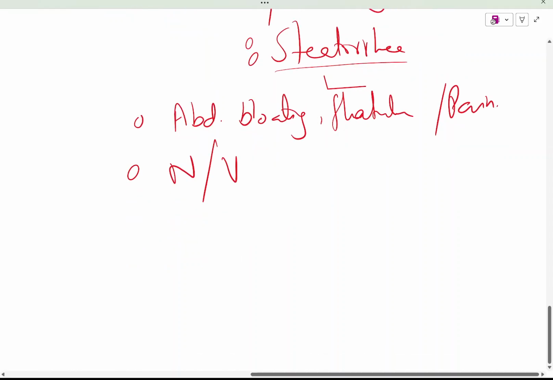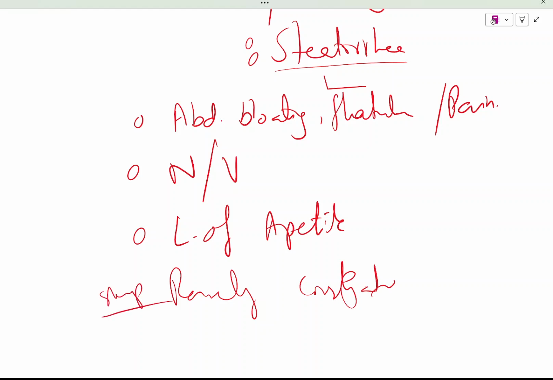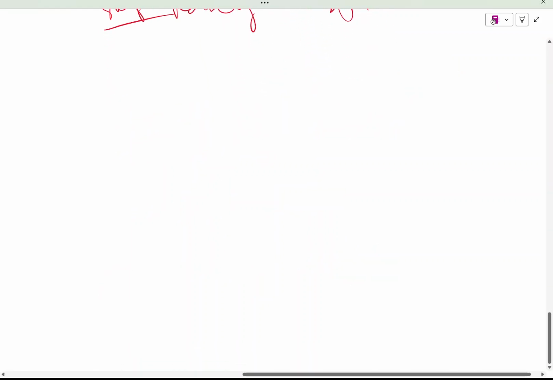The patient has lack of appetite. Rarely the patient presents with constipation. Rarely, so you can skip it. So these are the intestinal manifestations of celiac disease.